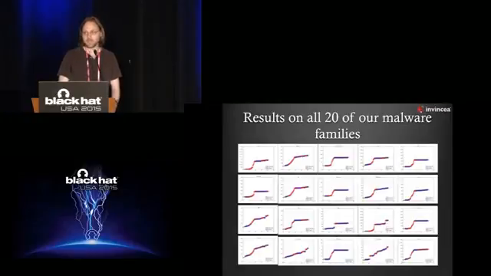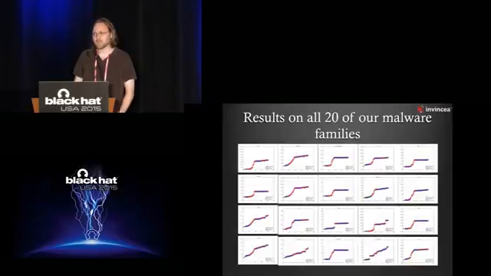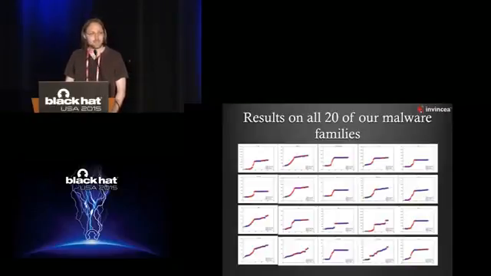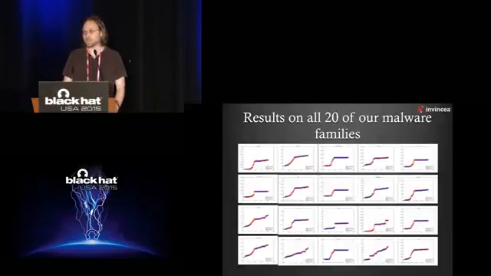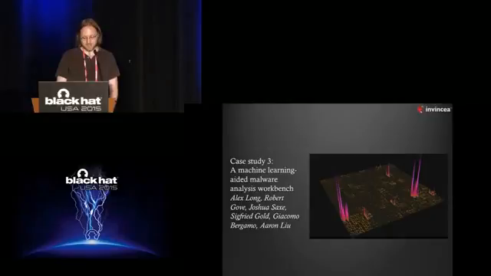But I can say on a qualitative level, it seems like a promising approach, and it's interesting that we can do as well as we do just using time series data, right? Just using the number of observations over time. And I think an interesting research question is if we start folding in other data, like what platforms malware is targeting, or other attributes of the malware, can we make better predictions about what families are going to take off? Okay.